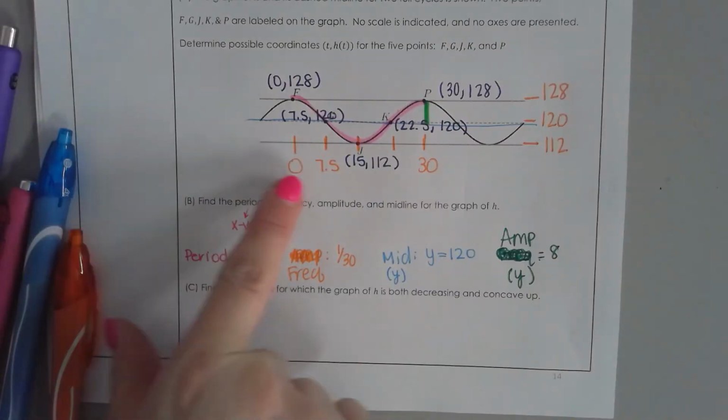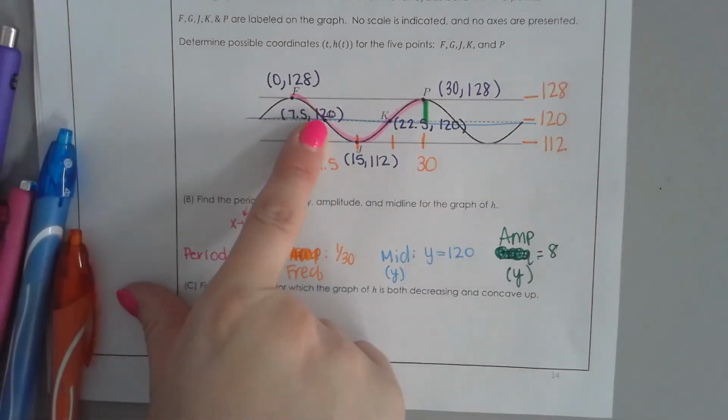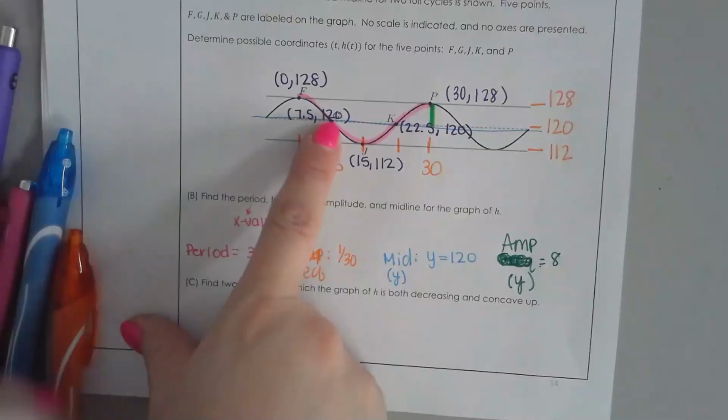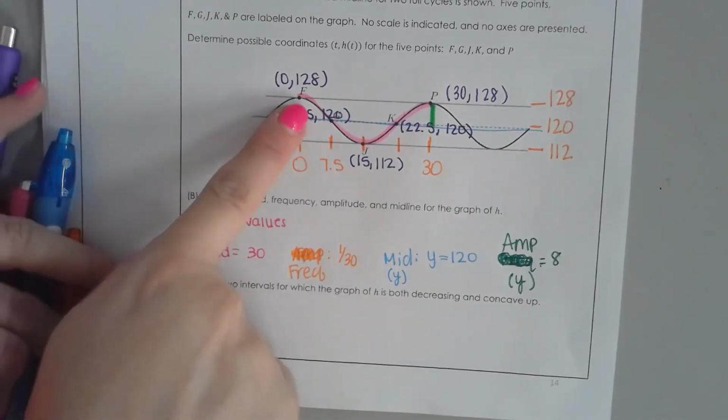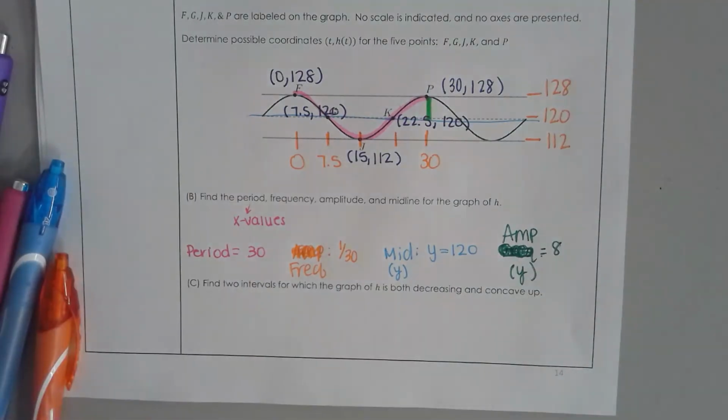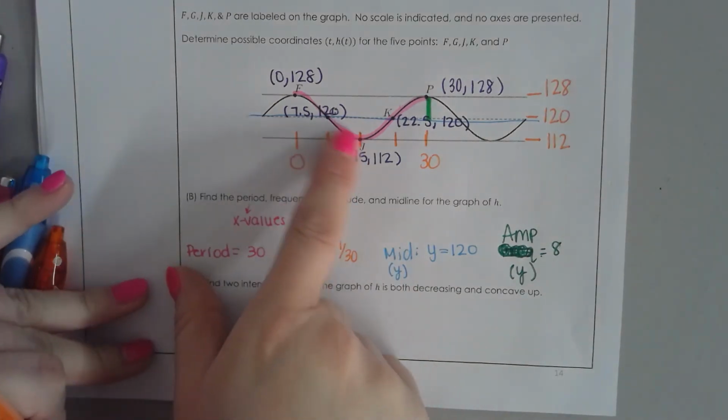So from point G to J, that section right there is considered concave up, and it's decreasing. If you look from F to G, that would be in the concave down. That's part of the frown. So you have a frown, that meets a smile. That meets a frown, that meets a smile. Okay, so the concave up, you're looking at just the smile part.